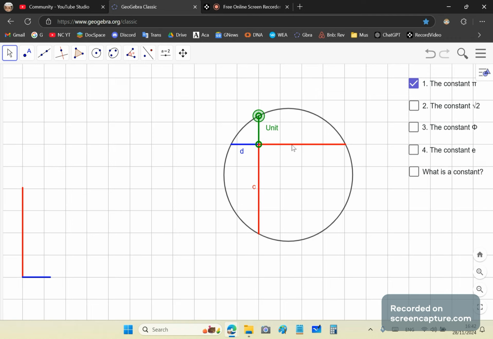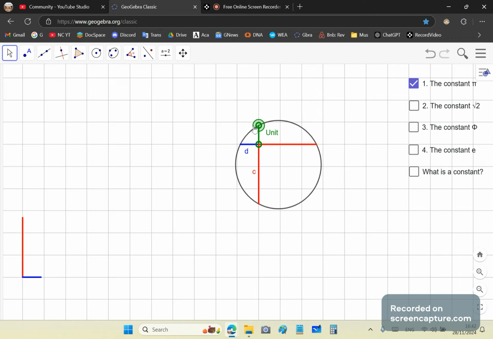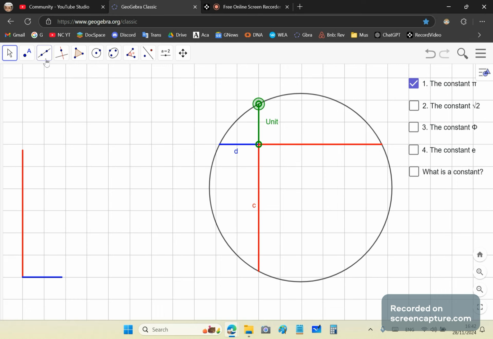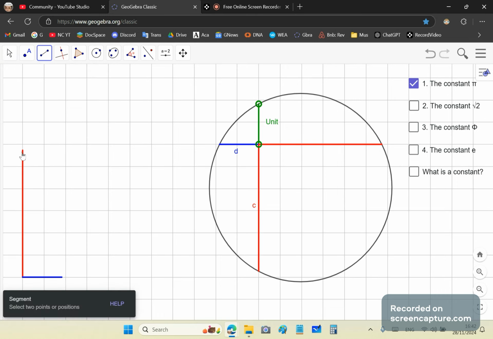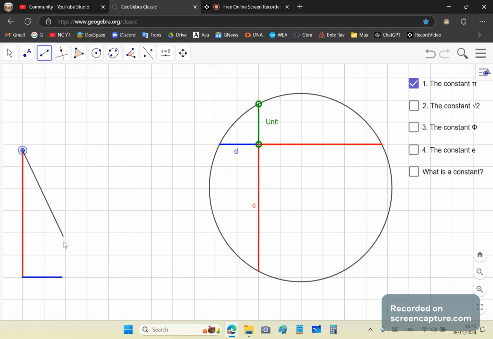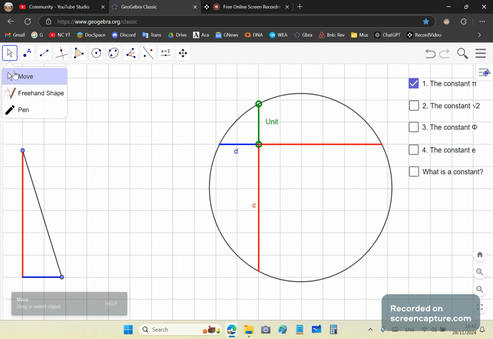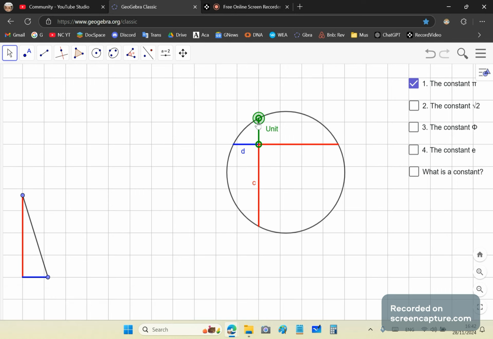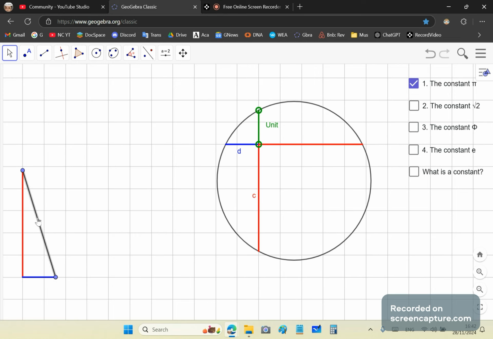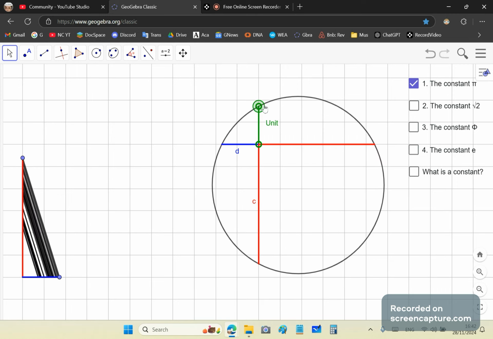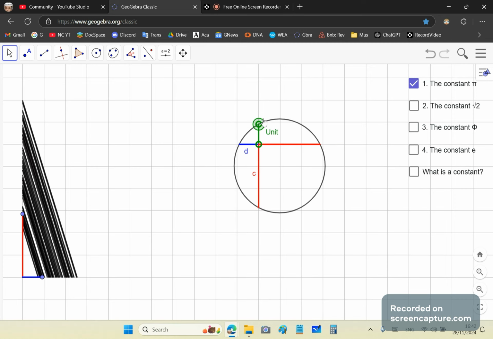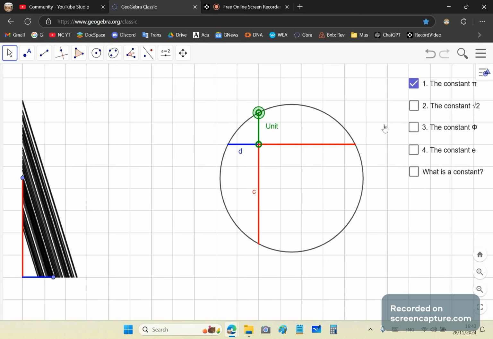Okay, so look, if I had to join these lines like this, and then I said, okay, let's do this. See, those are all in proportion. And if I had to put a trace on that and do this, see that? That's the reason it's constant. Okay, but I'll come back to that in a little while.